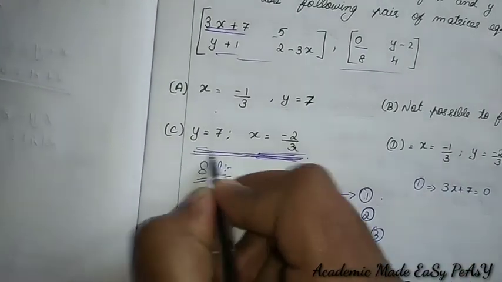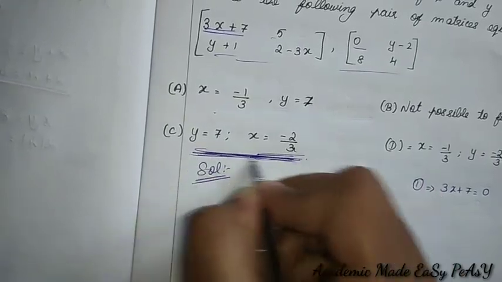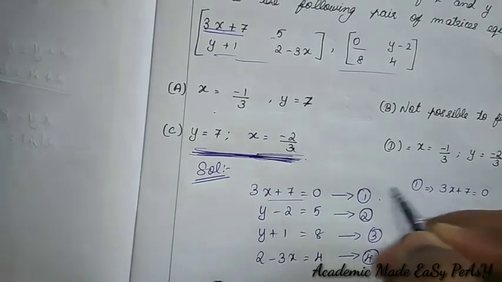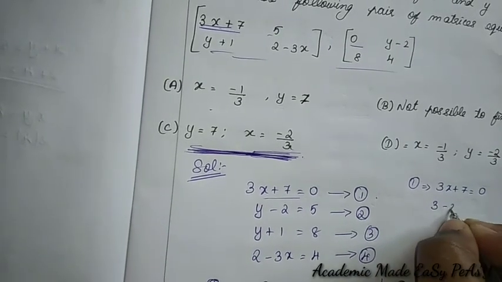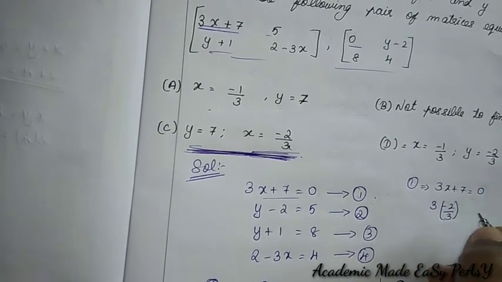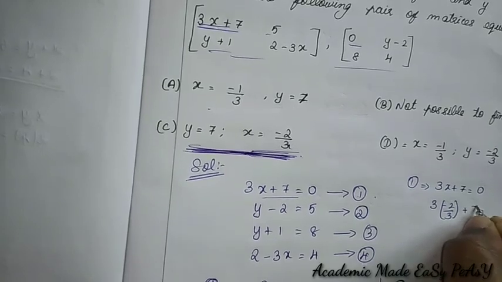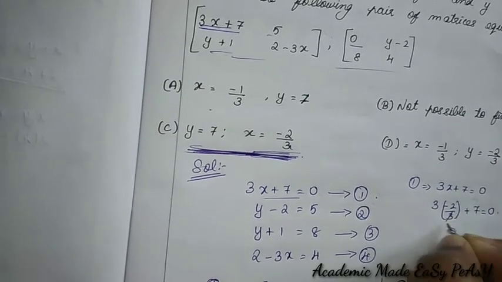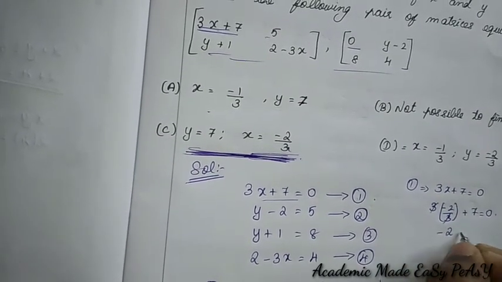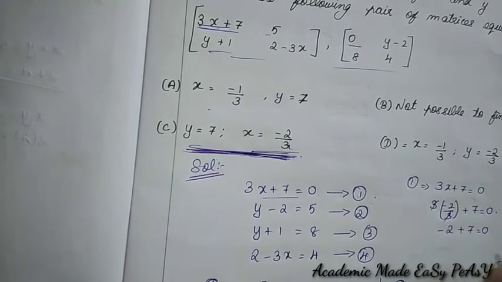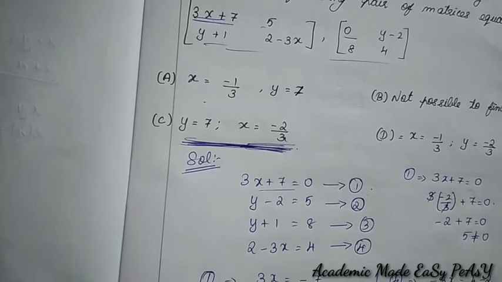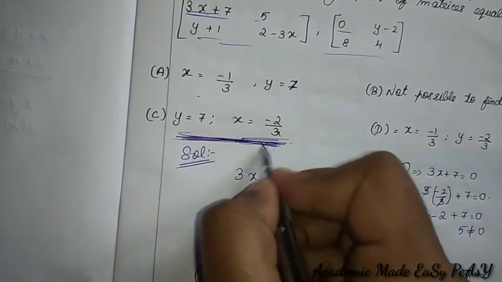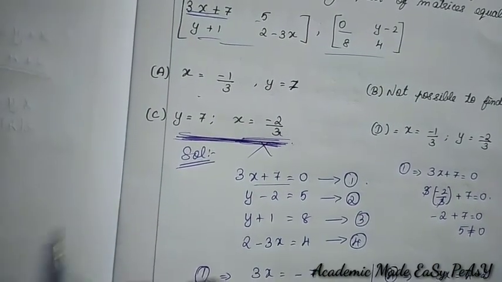Both cases meet only in this option, so I will take only this option. So 3 into minus 2 by 3 plus 7 is equal to 0. 3 and 3 will get cancelled. Minus 2 plus 7 is equal to 0. So 5 is not equal to 0. Therefore I will not consider the x value.